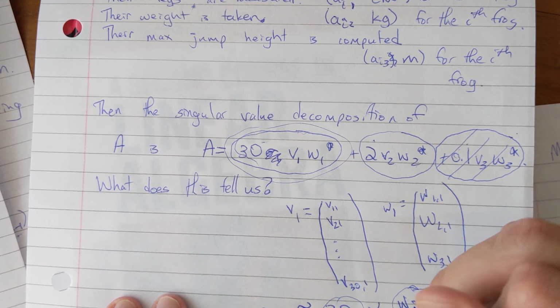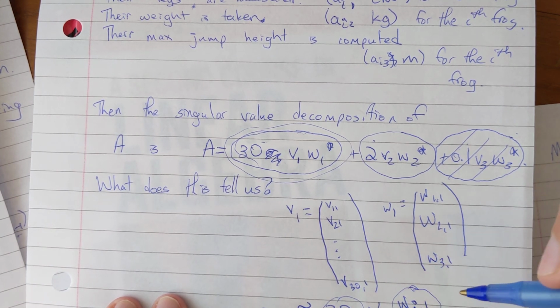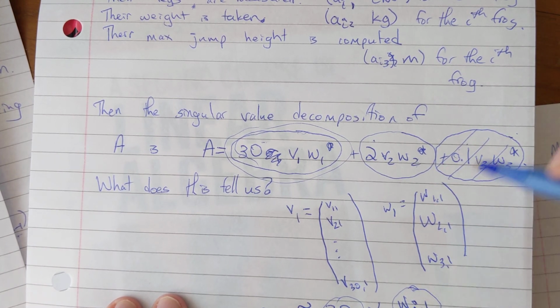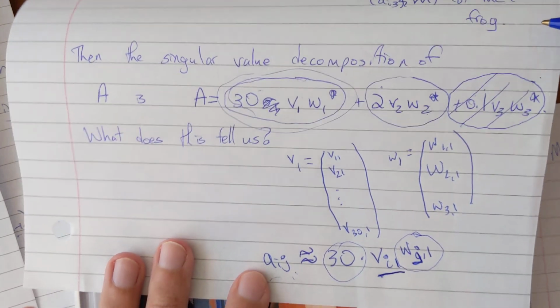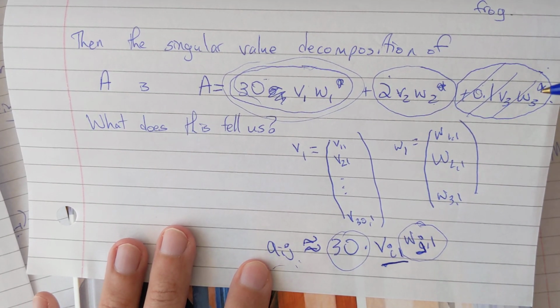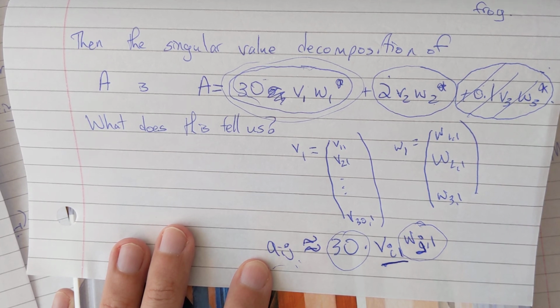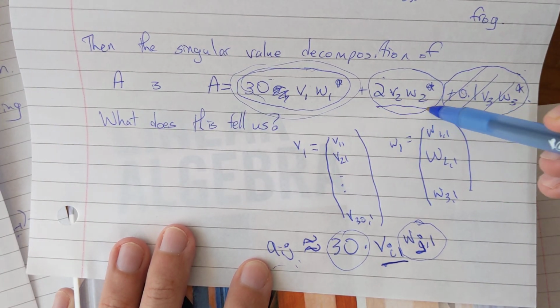So it means there's some hidden influence which determines the leg length, the weight, and the max jump height. Okay, this is a completely fictional example, but I just wanted to give you an idea about how the factorization of this matrix can tell you useful things.